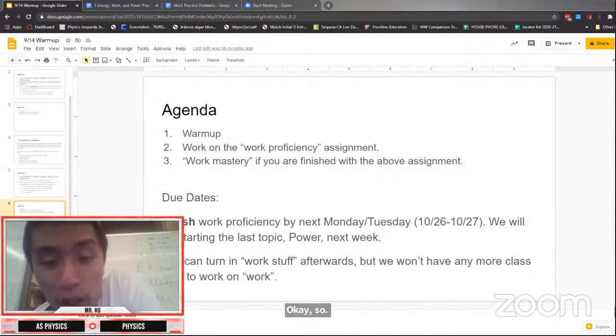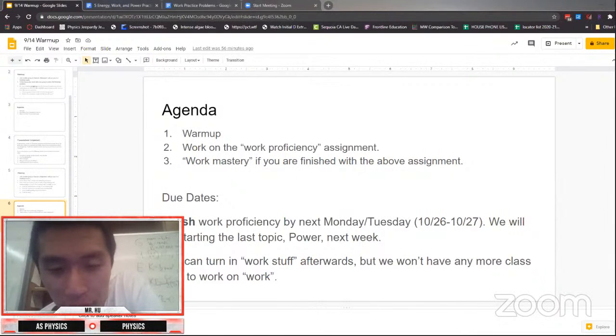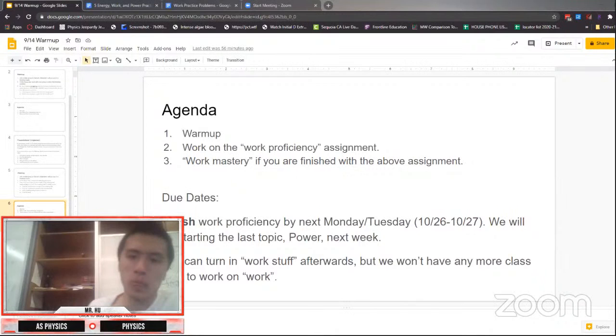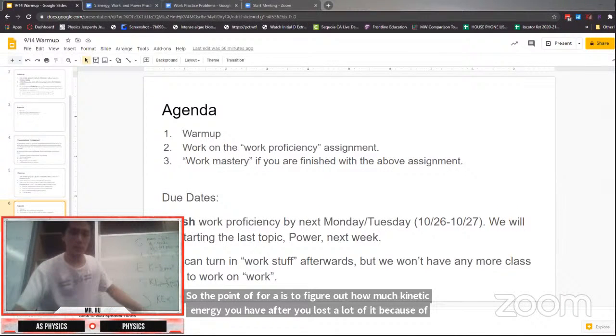So the point of 4A is to figure out how much kinetic energy you have after you lost a lot of it because of friction. So the first thing we want to do is start off with filling in how much. Okay, so let's do this visually.